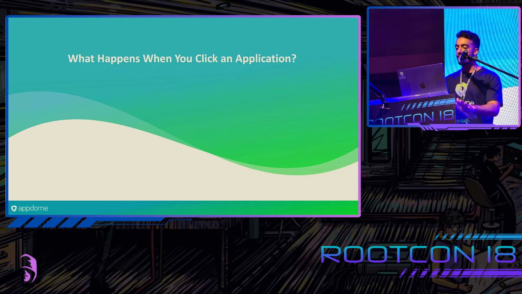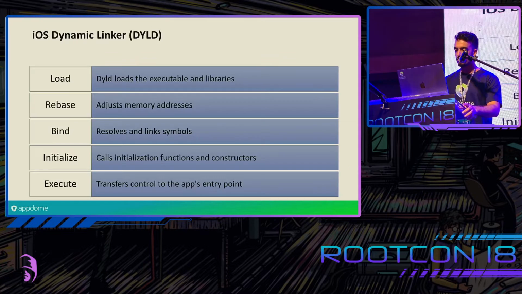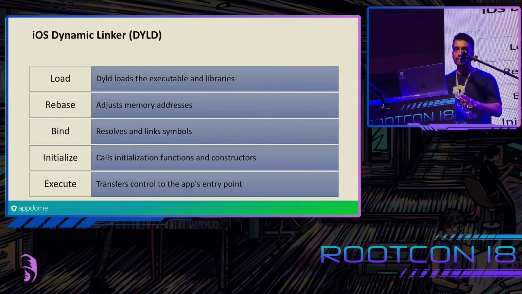Well, let's dive into how dyld, the dynamic linker, uses this information to load and link applications at runtime, and see what actually happens when you click an application. The linker's job is to seek symbols and library dependencies, resolve them, and load them. Dyld does it by loading the executable and all its dependent libraries.